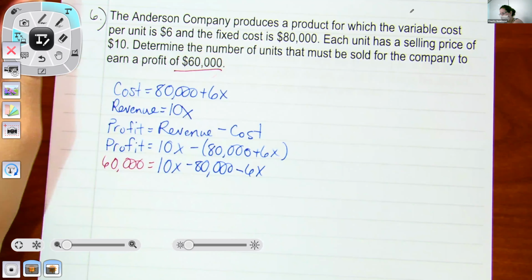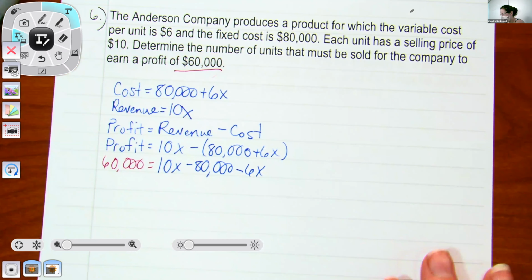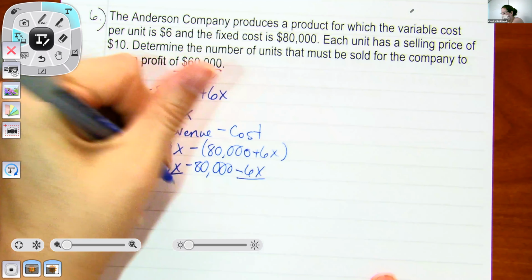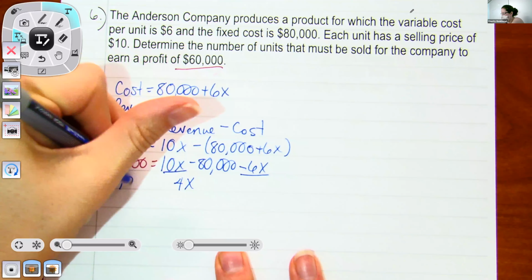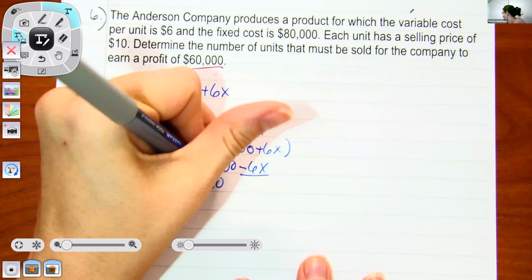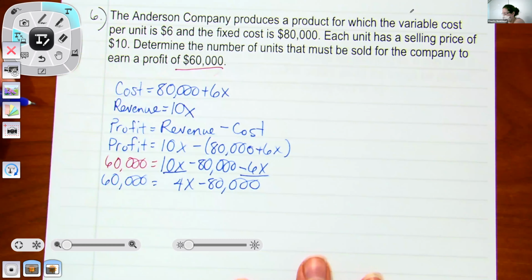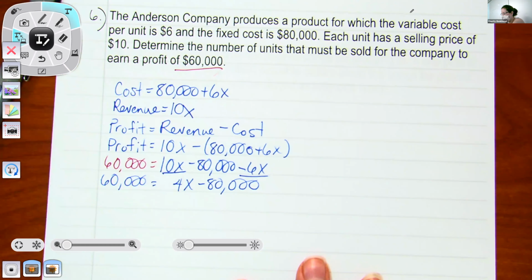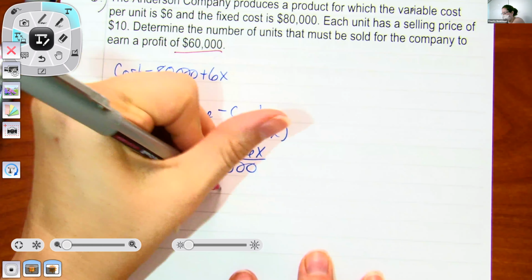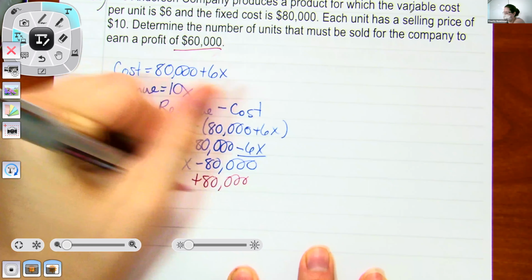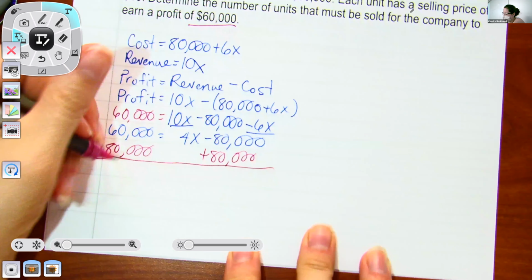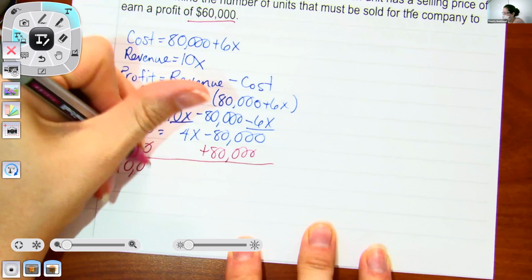And we just need to solve for x. So we can combine like terms. So 10x minus 6x is 4x. So we've got 60,000 equals 4x minus 80,000. And then we can add 80,000 to both sides. That gives you 140,000 equals 4x.